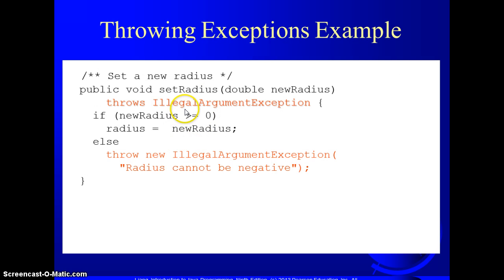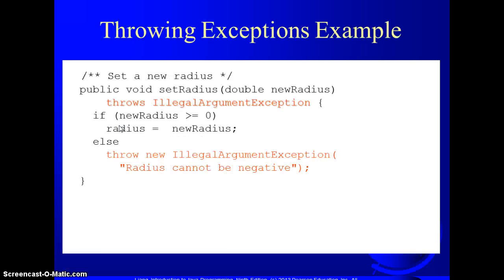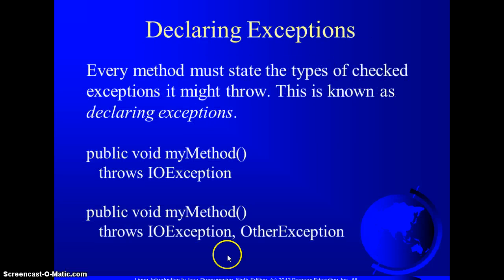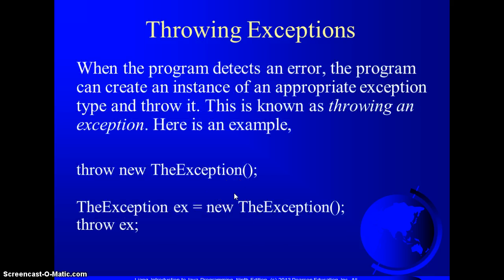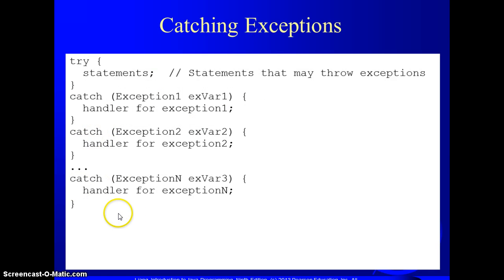This one has only one exception, so you only need one catch, the IllegalArgumentException. Like we said, we can have more than one exception by separating them with commas. In that case, you can do several catches, one for each exception.